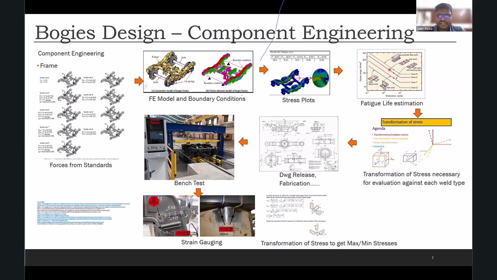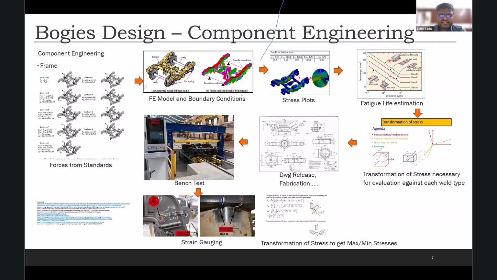So for example, here you can see that the weld is along the stress, wherever the load is, the weld is along the loading direction. So it will be a much stronger design. But if the weld is against the load, it is trying to tear apart the weld, it is going to have a lower strength than the weld which is along the load.